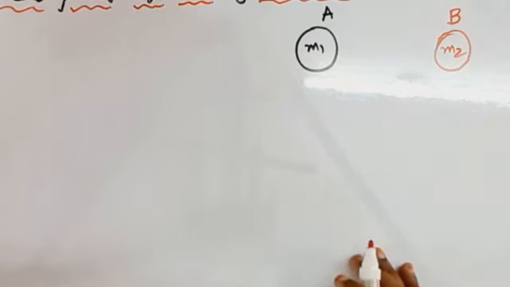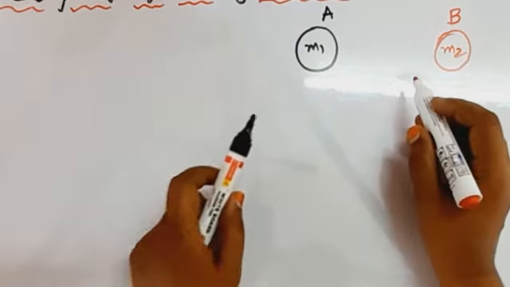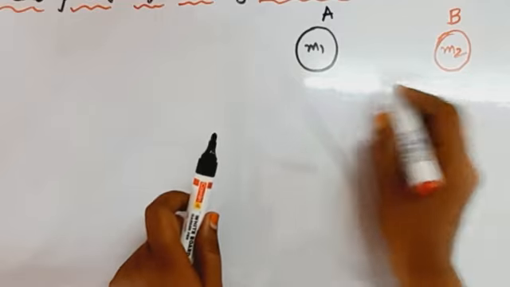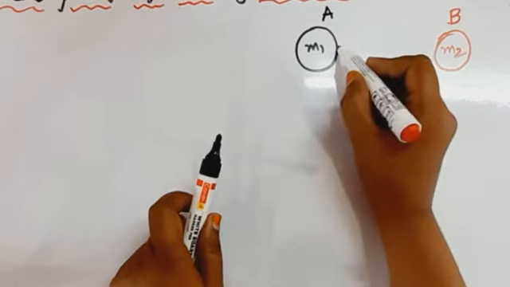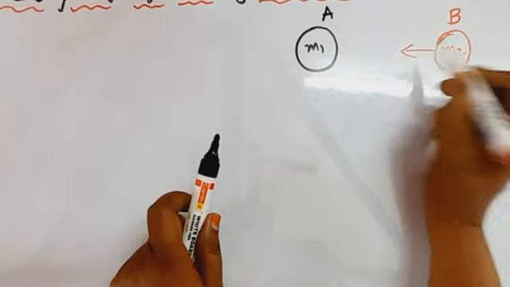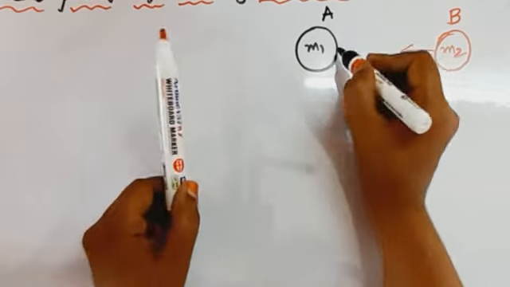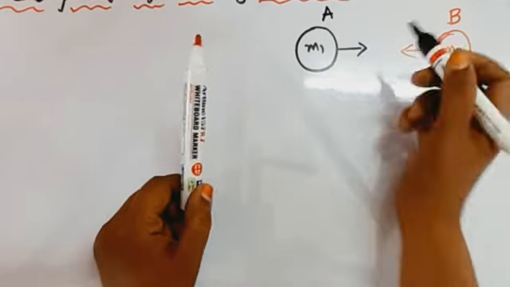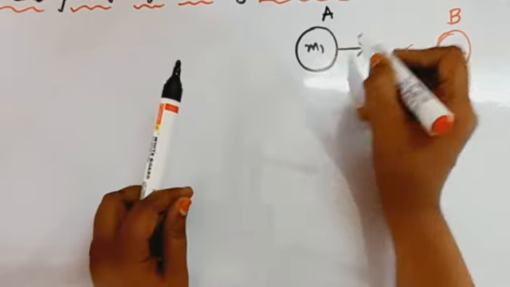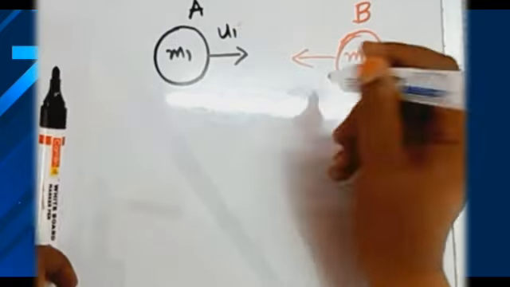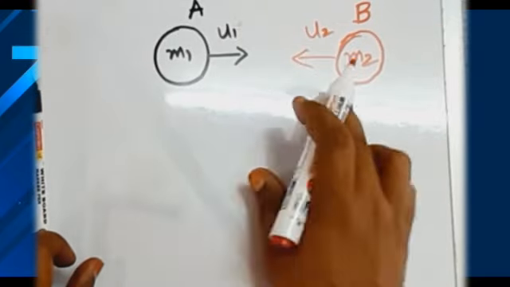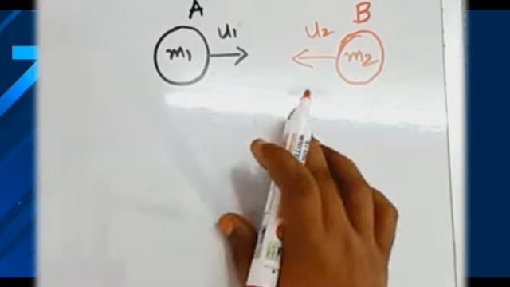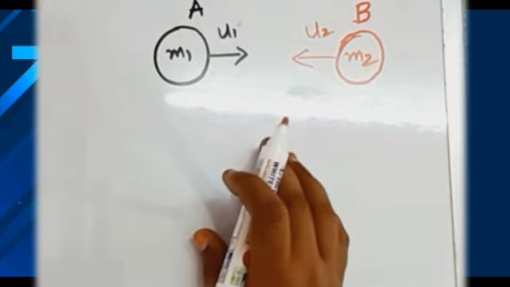These two marbles are rolling towards each other with the velocities u1 and u2. Thus M1 has u1 velocity and M2 has u2 velocity, such that no other forces are acting on them.